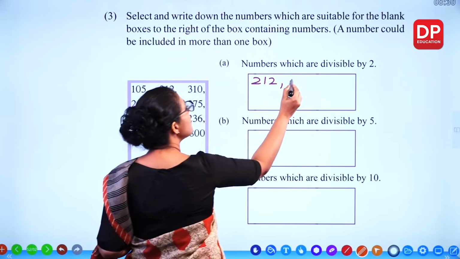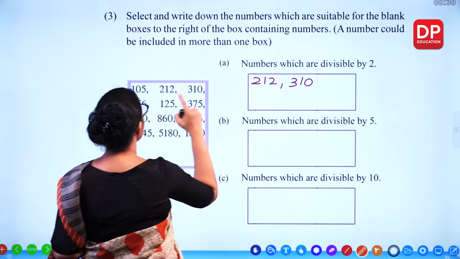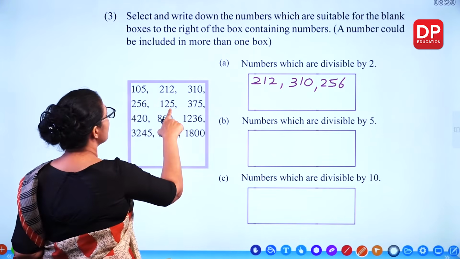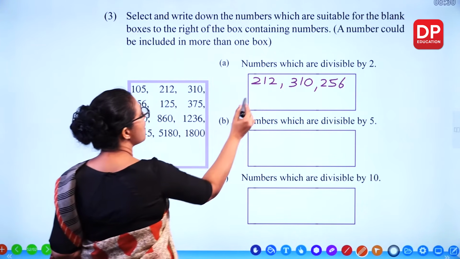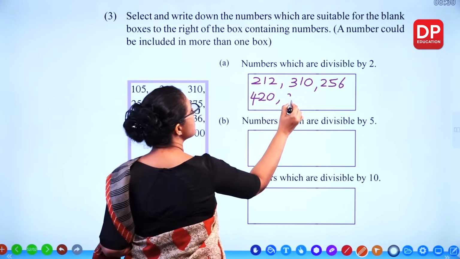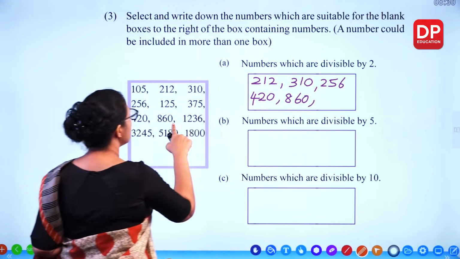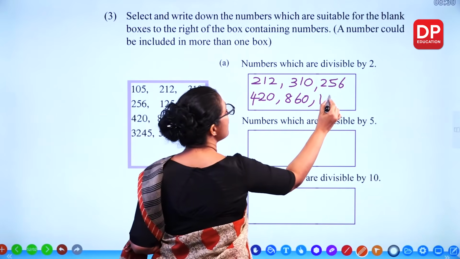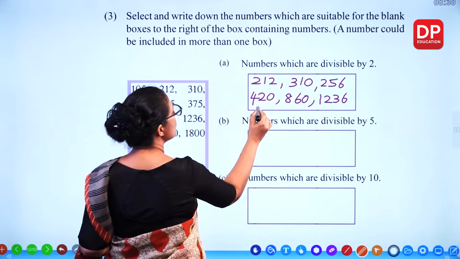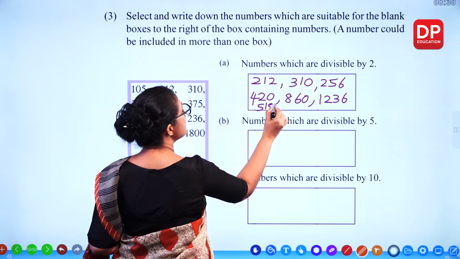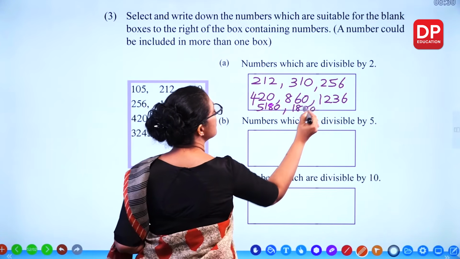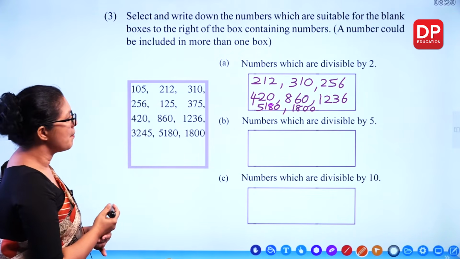Or 0, possible, 310, 256, 420, 860, 1236, 5180, 1800, because all are even numbers.